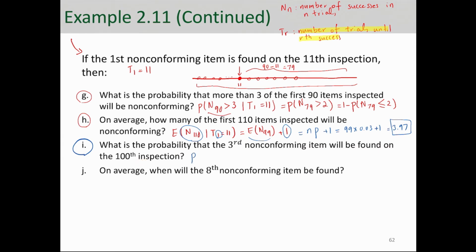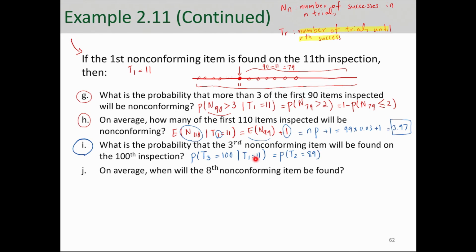So here is the probability of T3 being on the 100th inspection, given that T1 is equal to 11. That's actually pretty straightforward. That becomes the probability of T2 being equal to 89.